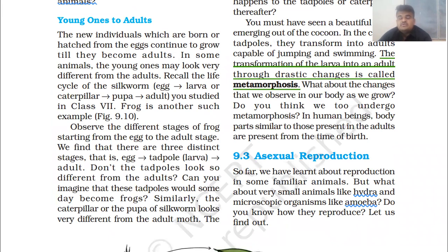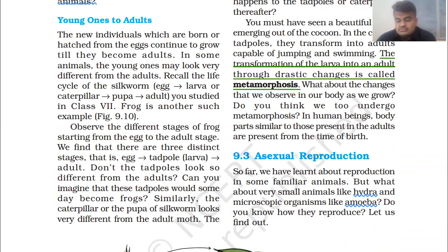We have observed that almost all these animals reproduce with the help of sexual reproduction only. But what about very small microscopic organisms like amoeba and hydra? Do you have any idea about it? Just pause the video and think over it.